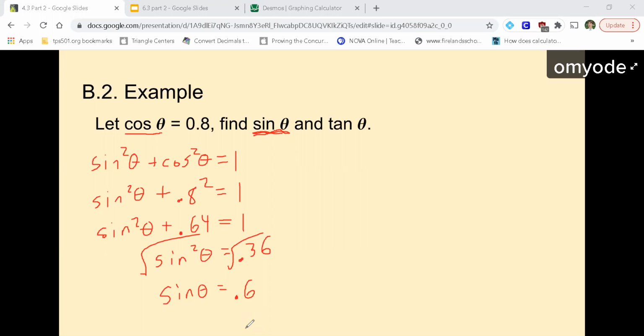Technically, I suppose it would be plus or minus 0.6, depending on what quadrant we're talking about.